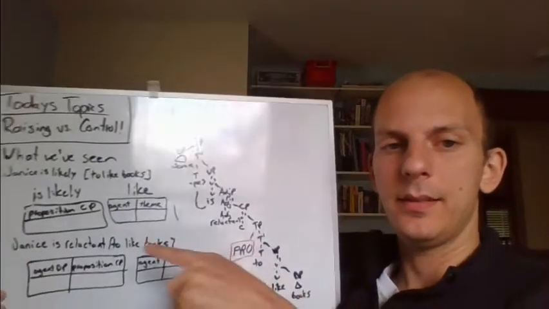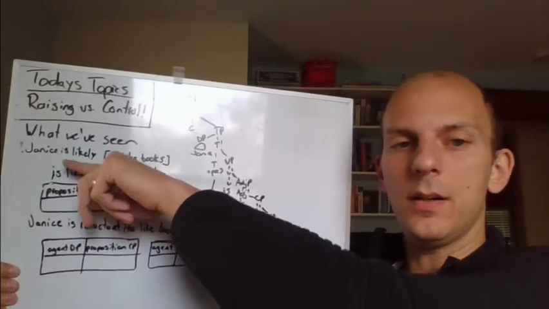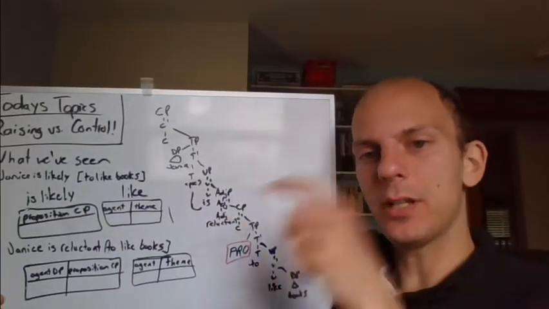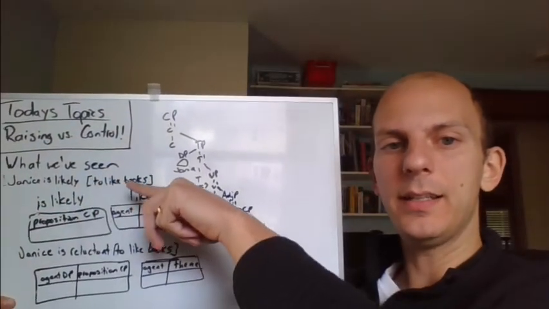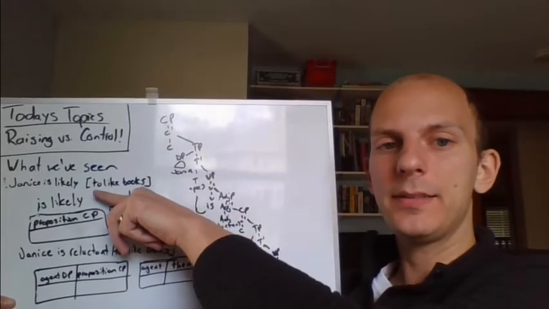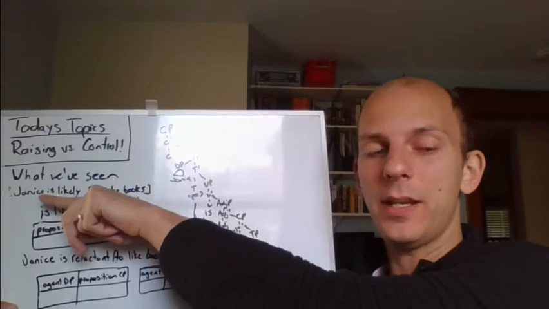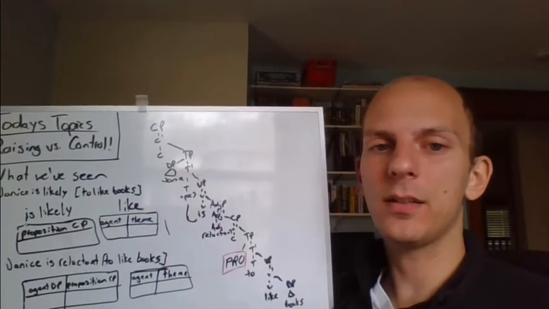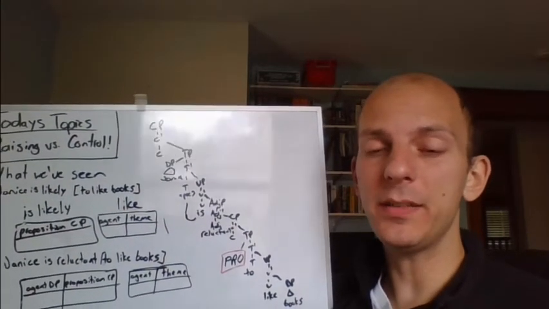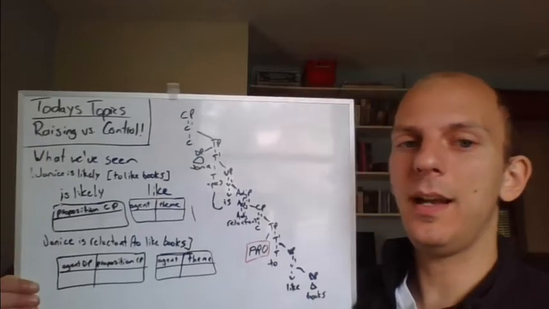Big PRO. Who would have known? And so what we see is that in this sentence, in our raising structure, Janus is likely to like books. Janus starts down low here and moves out of there to the higher clause. There's movement of that DP from the lower clause to the higher clause.